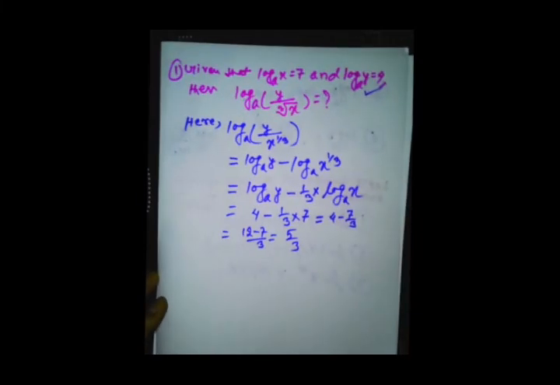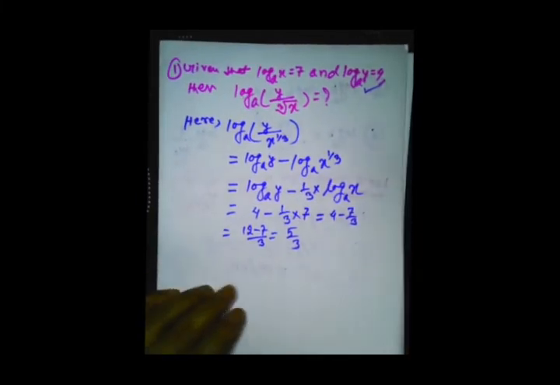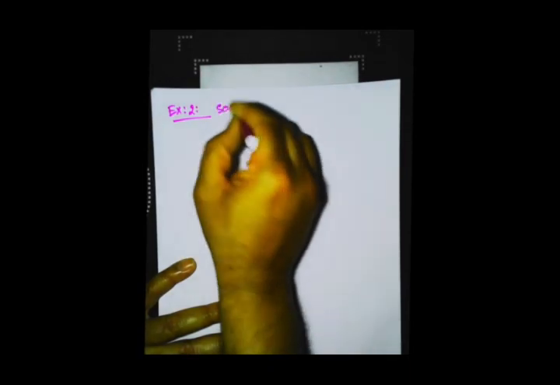You might be interested in another kind of example also, that how we can do this. As another example, I am taking one that will clear how we use the properties of logarithm to the problem area. This example says: solve.